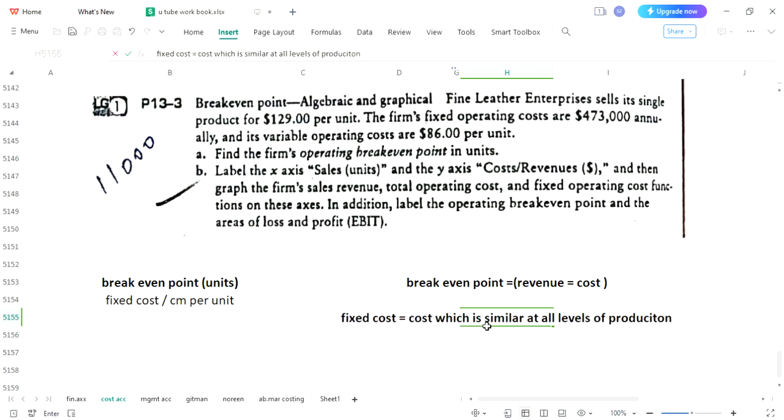So you can call fixed cost a cost which is similar at all levels of production. To this we can have an example, with which you can understand it well.